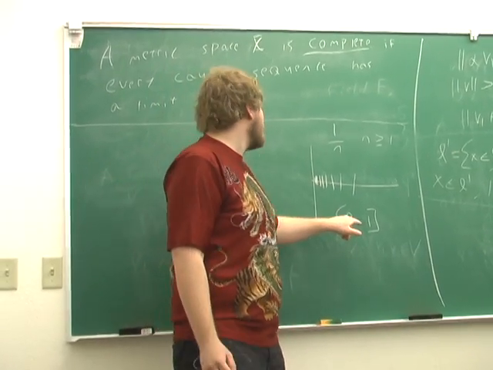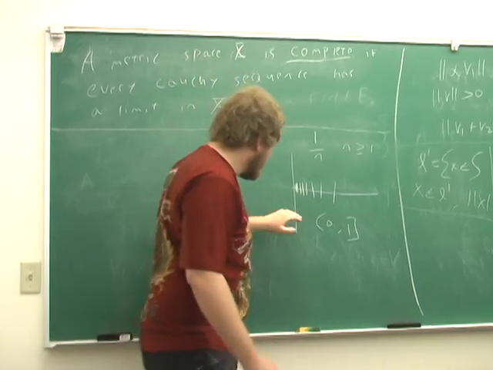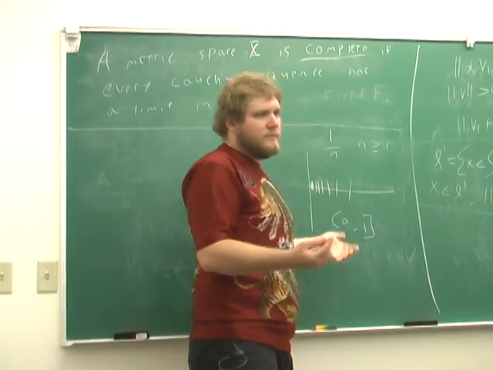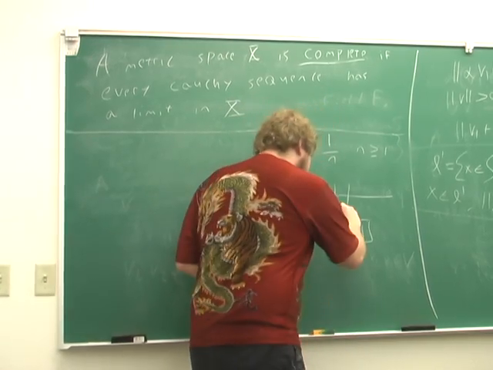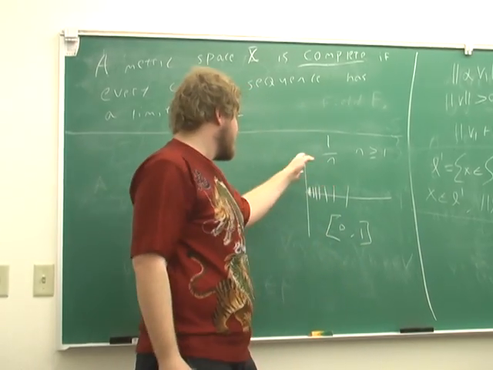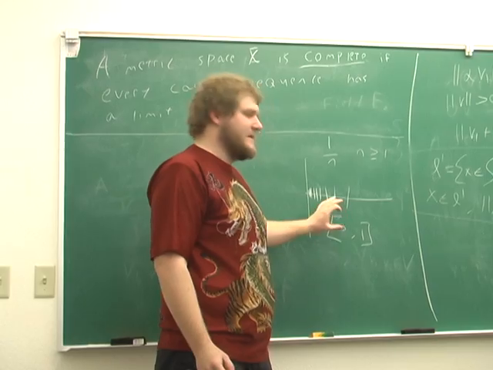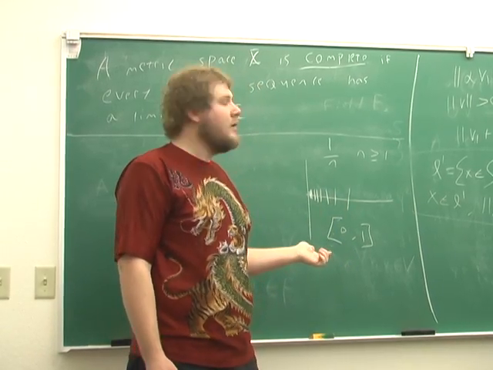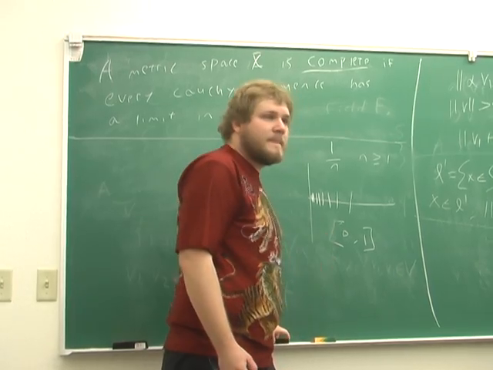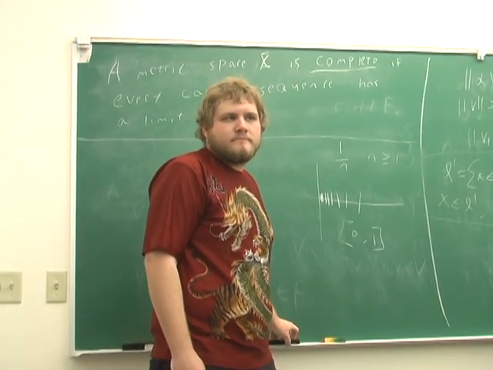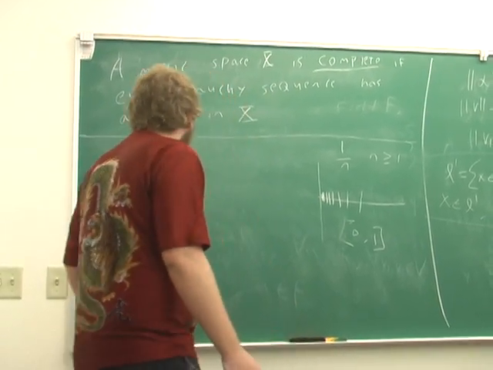So this would not be a complete metric space. It converges to something that is not in this set. Whereas if we include the point at 0, then what this Cauchy sequence converges to is in the space that we're talking about. So it would be considered complete. Give an example of a sequence of continuous functions whose limit is not continuous.